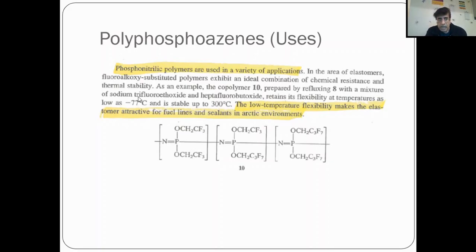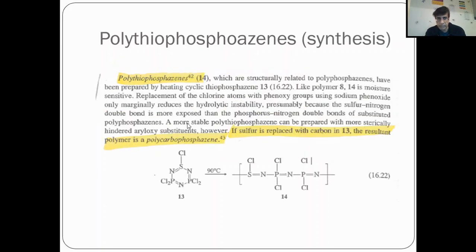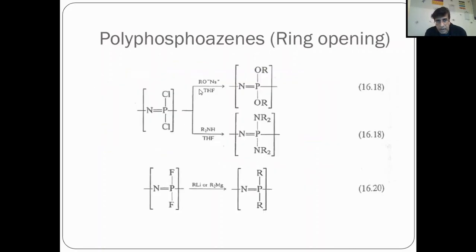So this is called trifluoroethoxide. Another one I'm using is heptafluorobutoxide. So here, in the place of R, you put trifluoroethoxide and heptafluorobutoxide. So in place of R you change this, and the reaction will be absolutely the same.